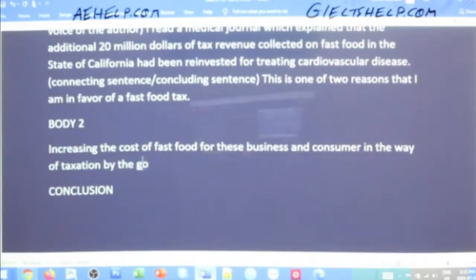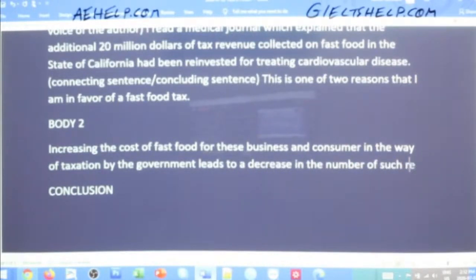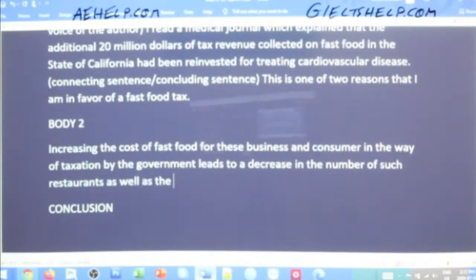by the government leads to a decrease in the number of such restaurants as well as the likelihood of overconsumption.